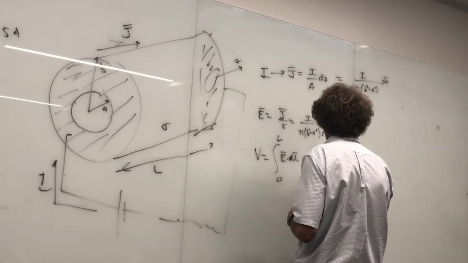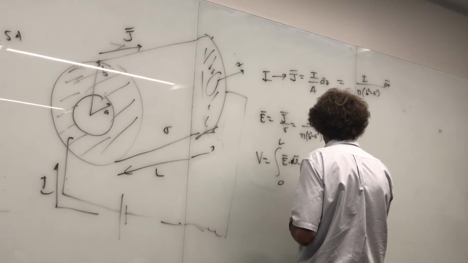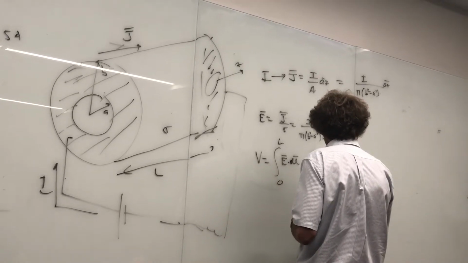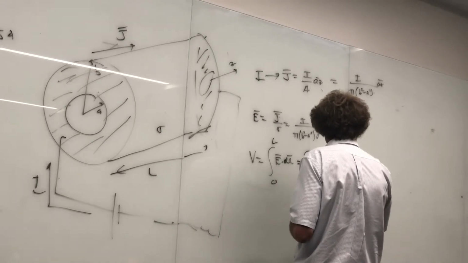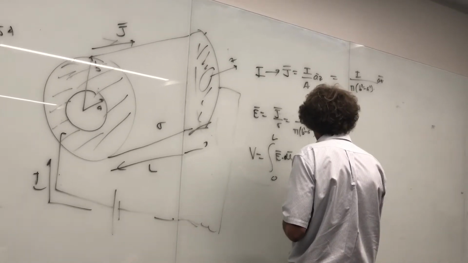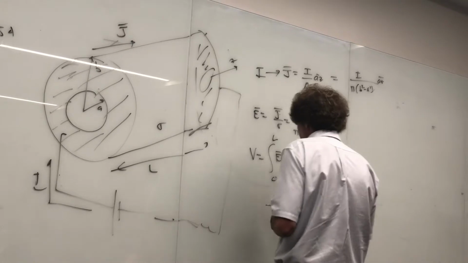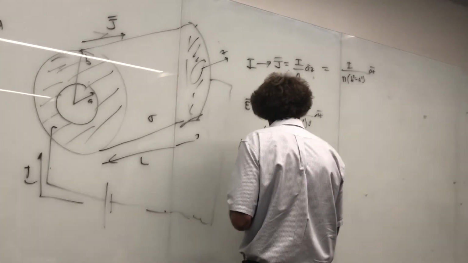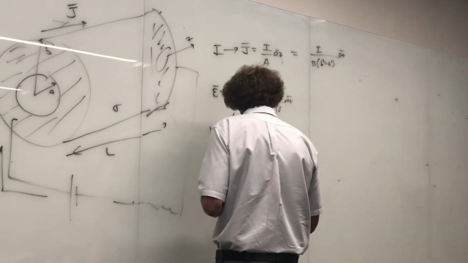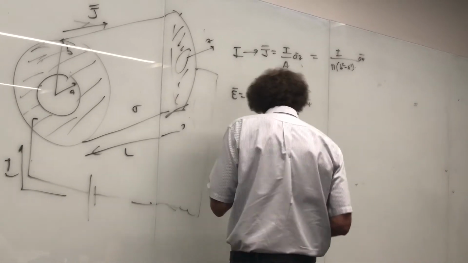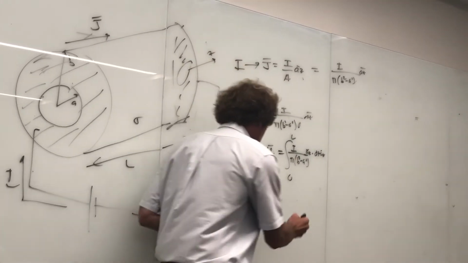If I wanted to be formal about it, I would say it's I over pi B squared minus A squared AZ, then dot dz AZ. And I would go from 0 to L, and I can see now that I have my voltage equal to IL over pi B squared minus A squared. Y'all agree with me there?